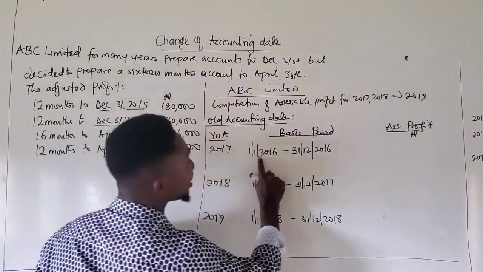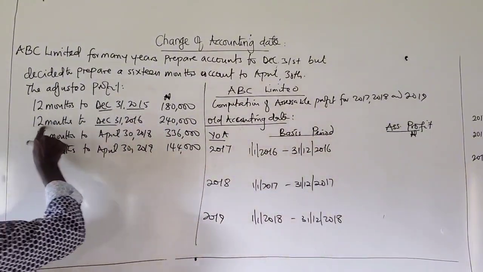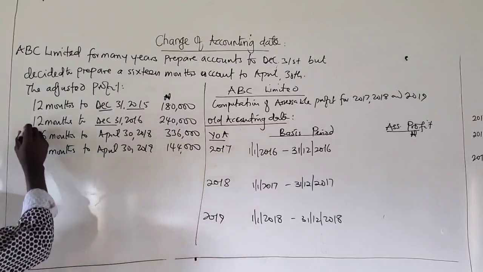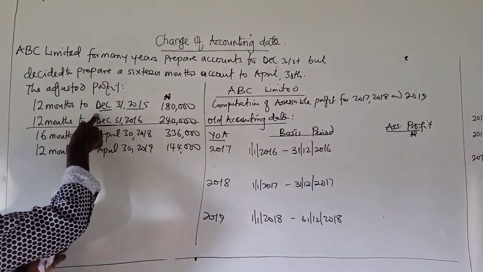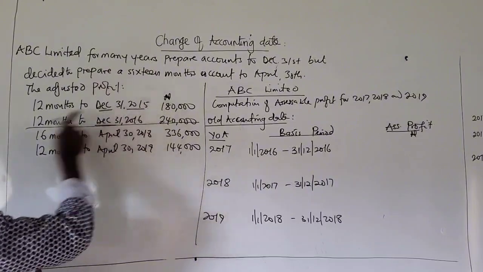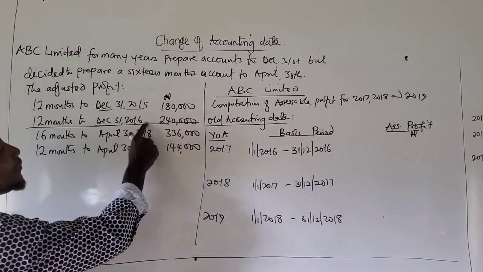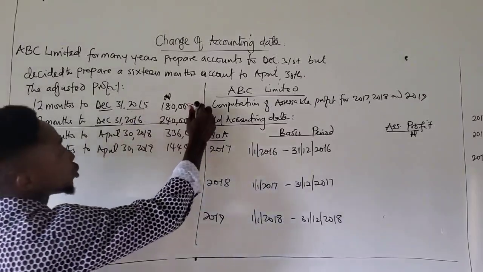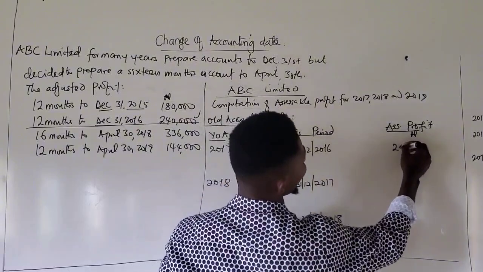From 1st January 2016 to 31st December 2016, this is the period we are having here. Because if this place ends 31st December 2015, it means here we start from 1st of January 2016 to 31st December 2016. They made 240,000. That's the exact basis period we are looking for here. 240,000.